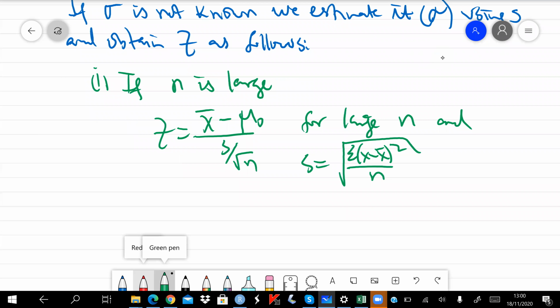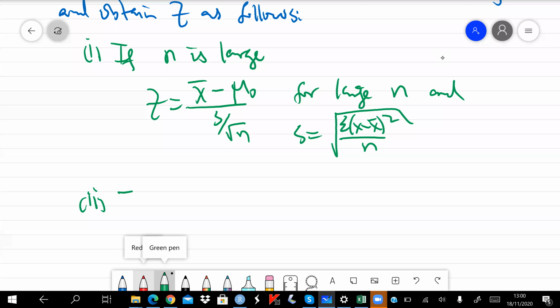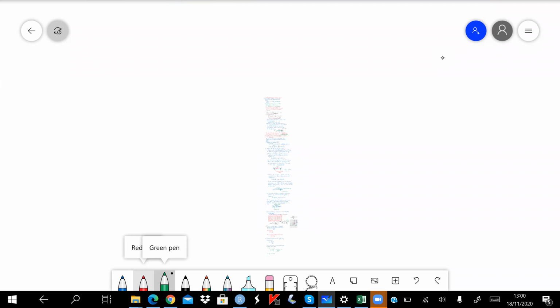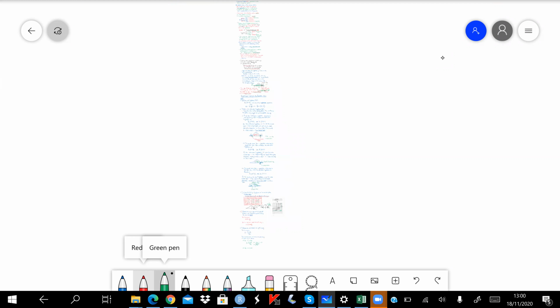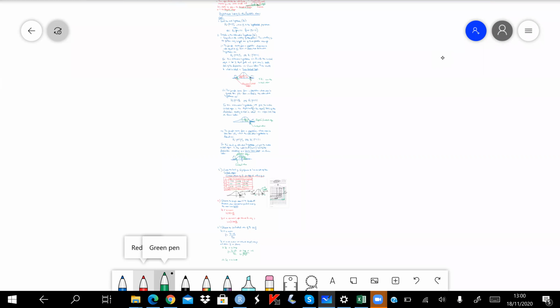Then Roman number 2, if n is small and the population is normally distributed. So there are two assumptions here.